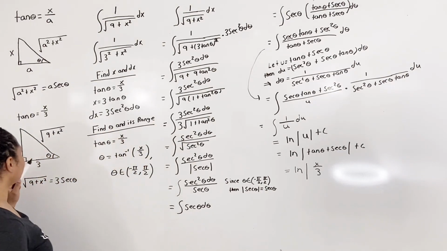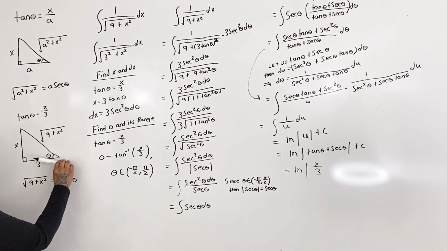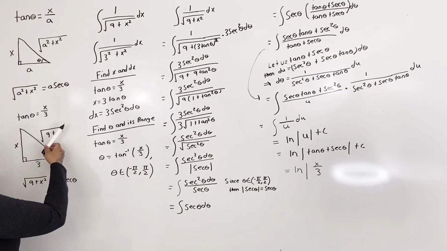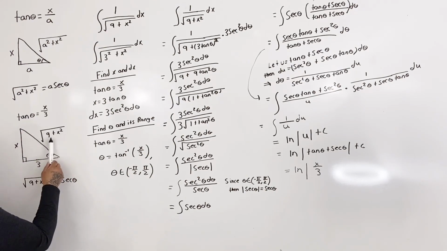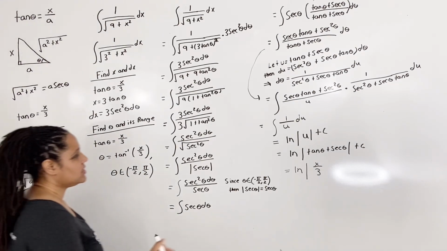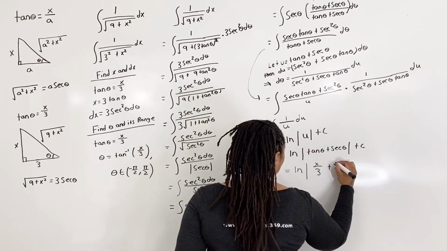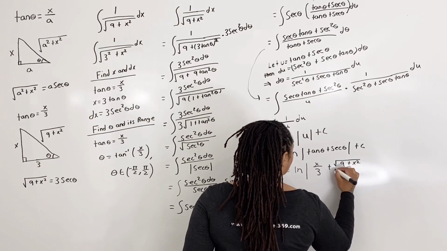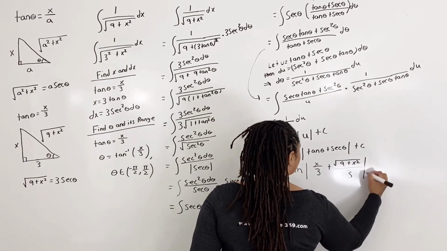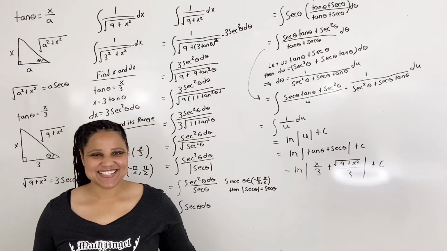Coming to my triangle, secant of theta is hypotenuse over adjacent. The hypotenuse is the square root of 9 plus x squared, and adjacent is 3. So I can rewrite this as the square root of 9 plus x squared over 3, plus c. And that is your final answer.